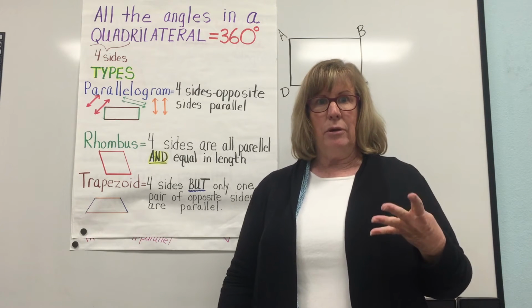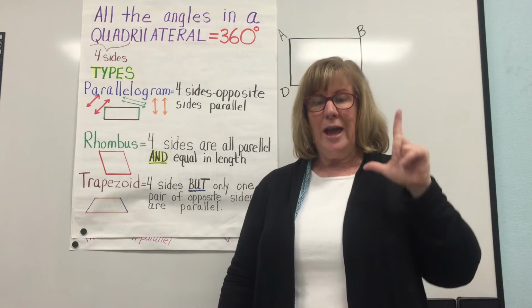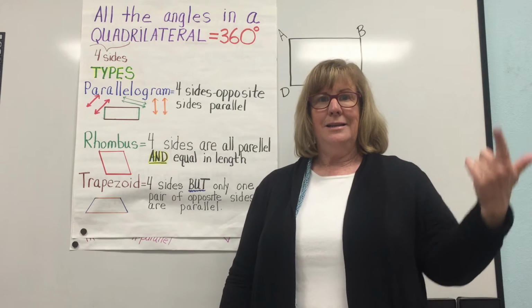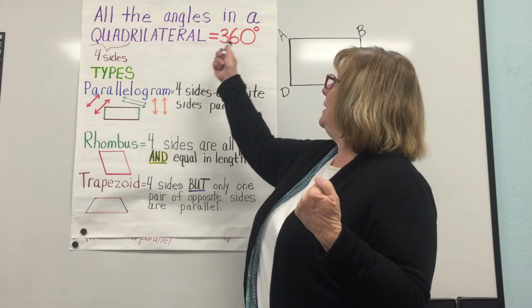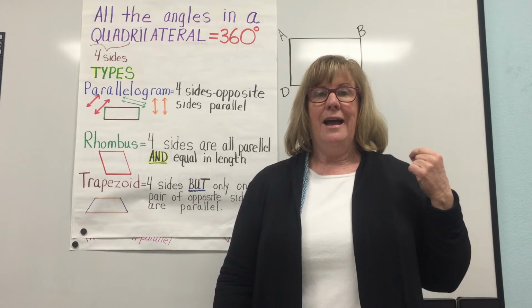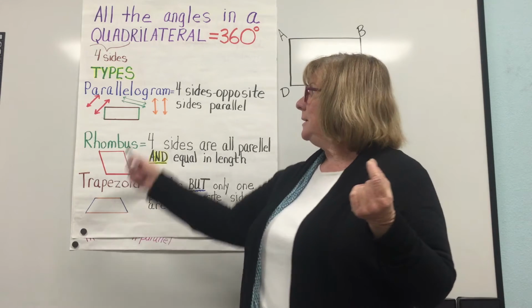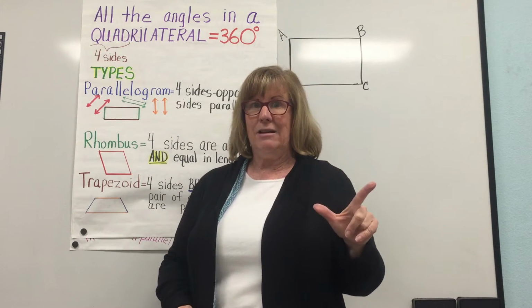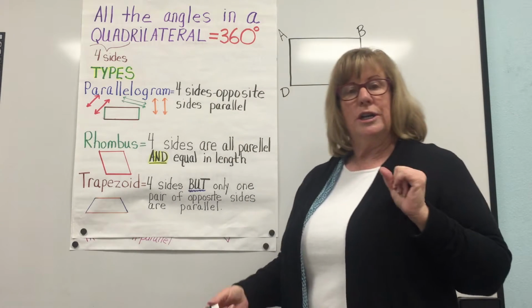And if you remember, if each angle in the square is 90 degrees, 90 times 4 is going to be 360 degrees. And that number is important because when we're trying to figure out the measurement of the angles, we're going to total 360 degrees.